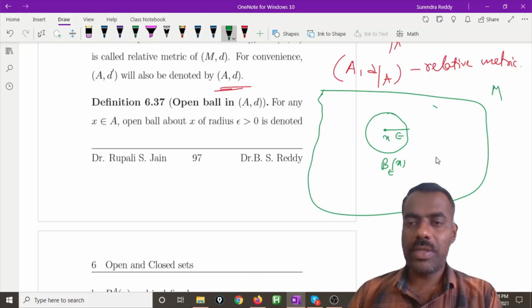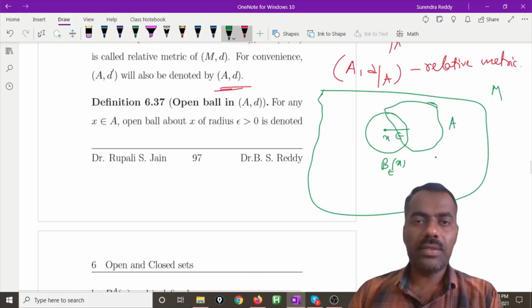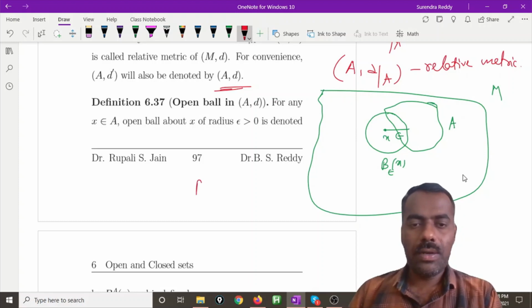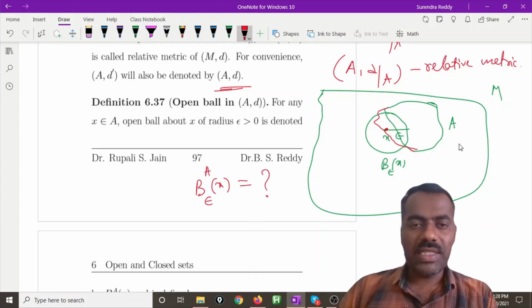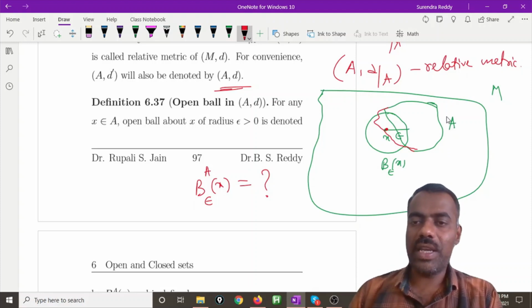Now assume that this much is your A. Then what should be the ball around x? You should extend this much, so that x should be in A. So what does the ball around x of radius epsilon in A look like? We are trying to know how a ball behaves with respect to this relative metric.